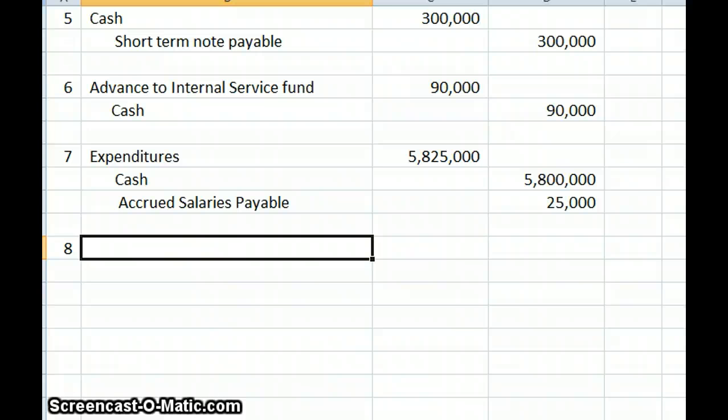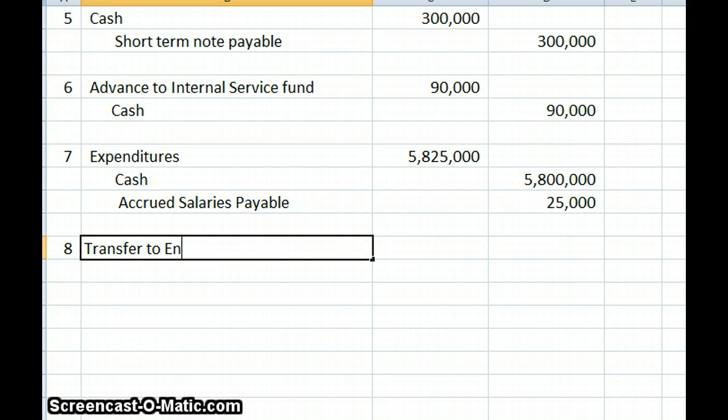Number 8. Contributed $82,000 of general fund resources to help cover the cost of new water distribution lines installed by the county's water department, which provides services for a fee that is intended to recover the cost of providing the services. So we're going to have a transfer.